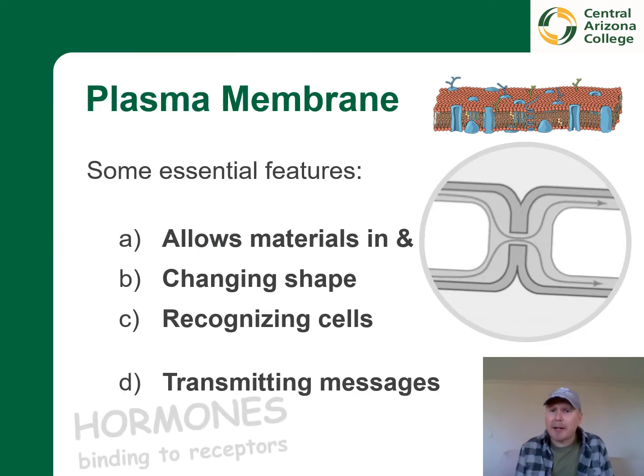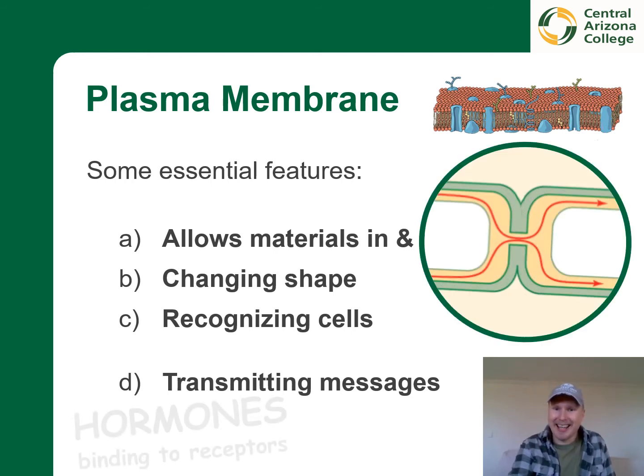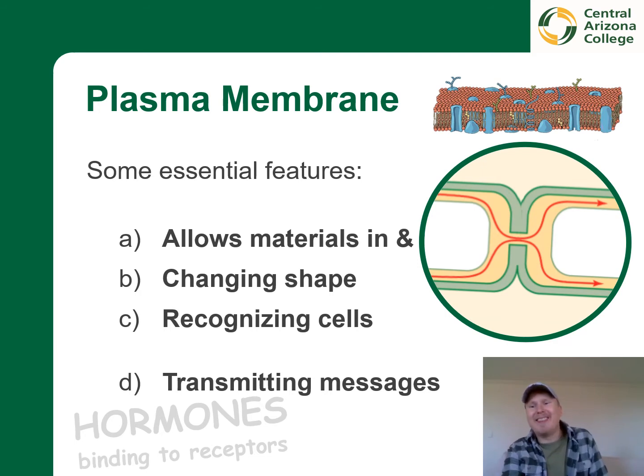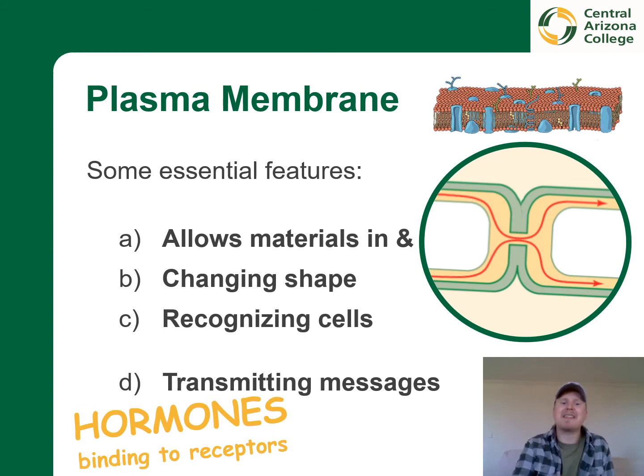The last one that I have added here concerns the concept of transmission of messages. We have seen one example of this earlier, with cell-to-cell communication through plasmodesmata of plant cells. But there are other examples too. For example, hormones that bind to proteins that function as receptors.